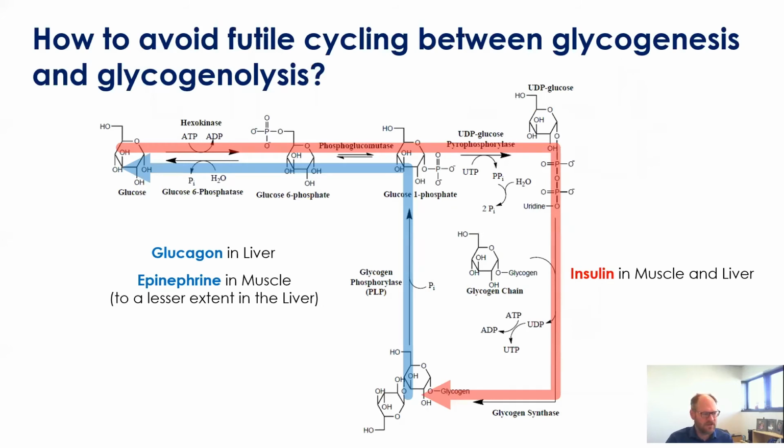Now, what is the process that prevents these two pathways from happening at the same time? You can imagine if you're hydrolyzing ATP and driving this reaction forward, that would be energetically favorable for this thing to be converted all the way into glycogen, then just converted right back into glucose in a big futile cycle. To prevent that from happening, we actually have really extensive both covalent and allosteric regulation of glycogen phosphorylase and glycogen synthase.